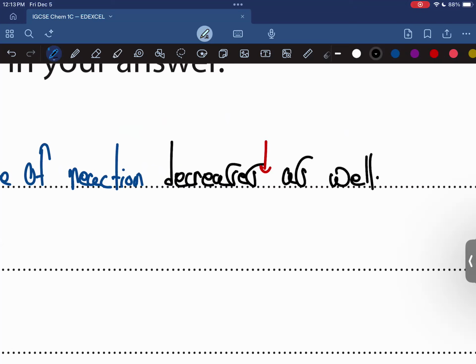Why? Because there are fewer particles in the same volume, and hence there are fewer collisions, right? Or frequency of collision decreases.